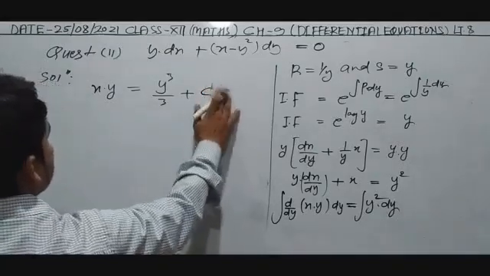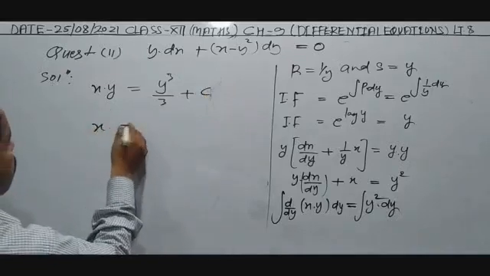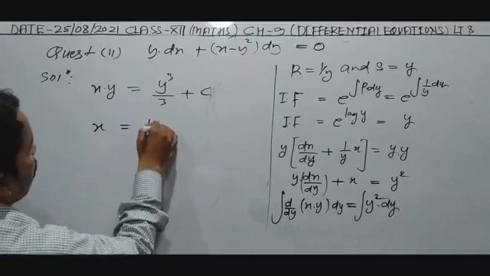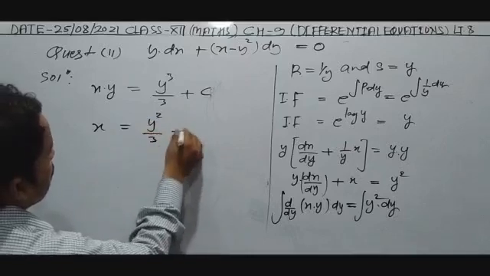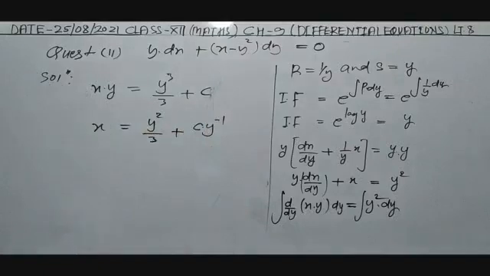And now we can write x is equal to y square by 3 plus c times y to the power minus 1. So this is the value of x in terms of y. You can also write c upon y.